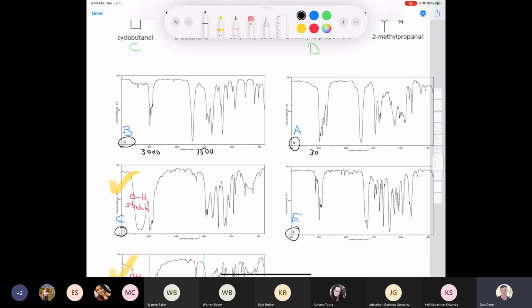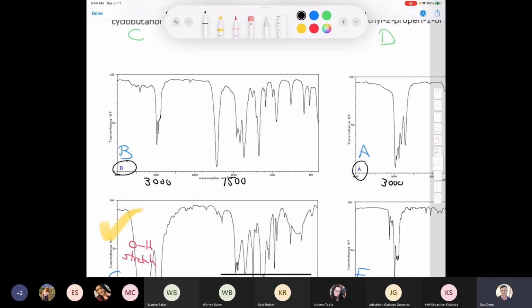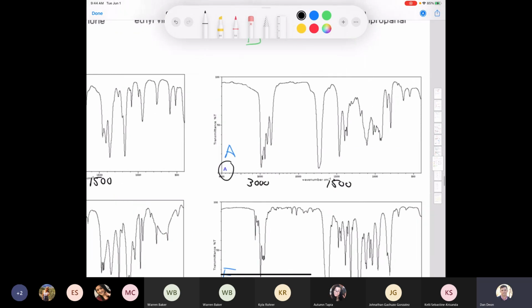So this is 3000, and this is 1500, and this is 1500, and this is 3000. I would recommend if you have a computer, you could zoom in on them. Anyhow, let's go with A.